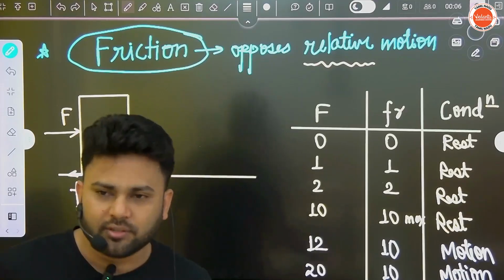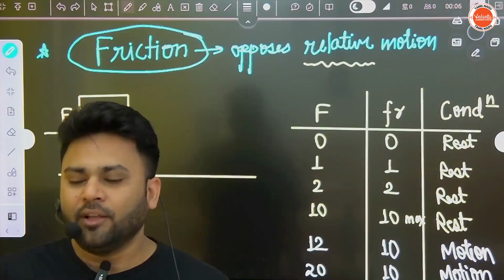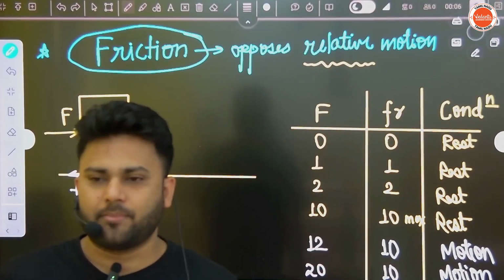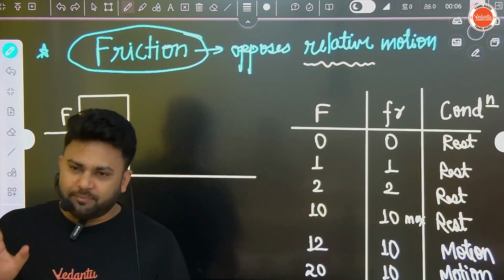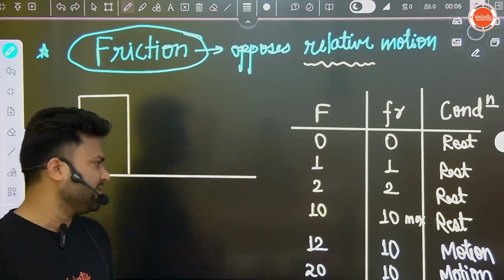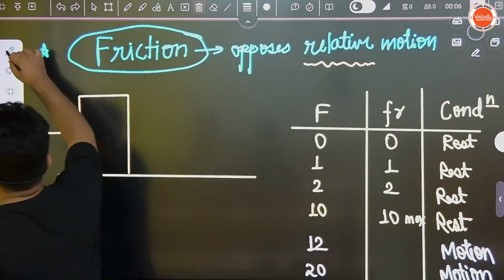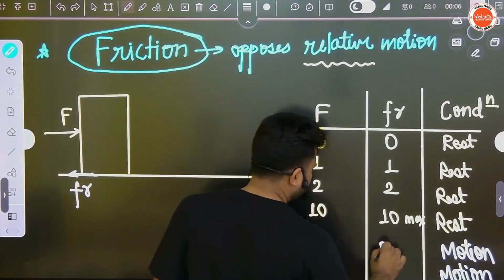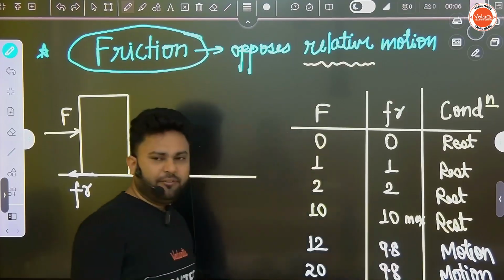Now if I cross, he is still applying 10 only, but now he gets a little bit demotivated, so a little less than 10. So always remember, when the object is in motion, friction applies maximum but a little less. Here I can write 9.8, and the rest 9.8 will be fixed.